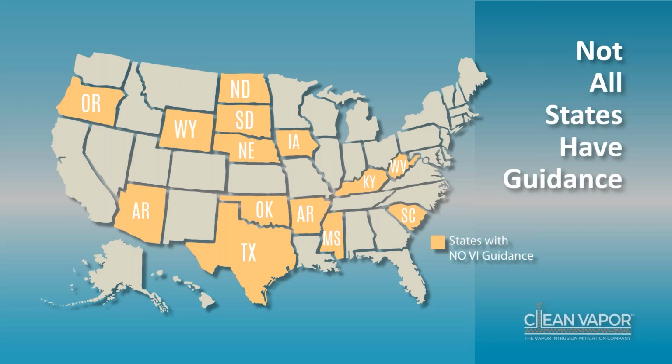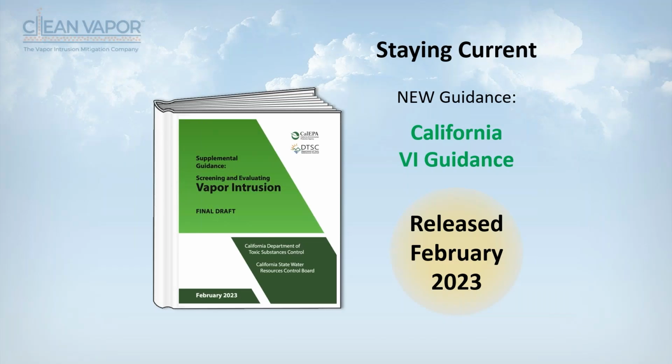If you're working in any one of these states, look at the EPA's VISL, which is the vapor intrusion calculator, and find a standard for those contaminants, and then reference your rationale as to why you did that. You don't want to overprescribe either, because that can become a problem where they come back later and say, we didn't really need this and you're responsible for all these extra costs. So you want to have documentation for every decision that you make.